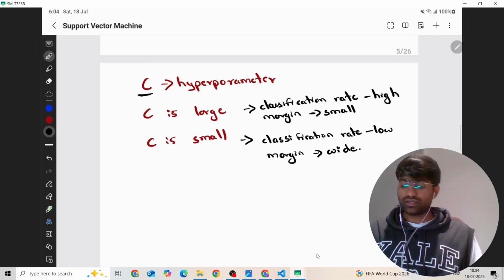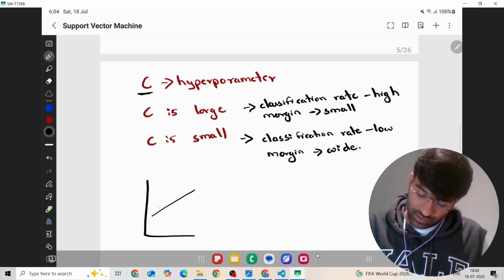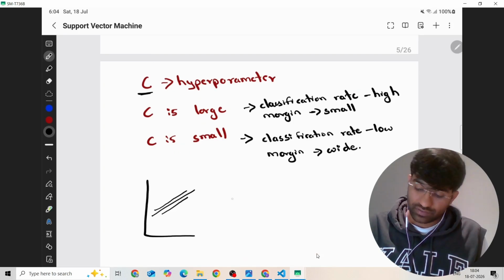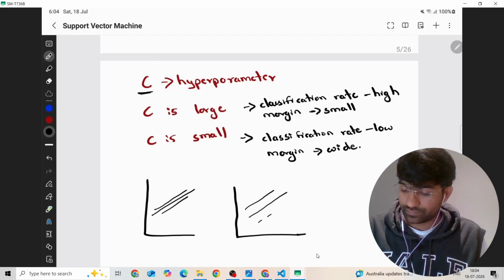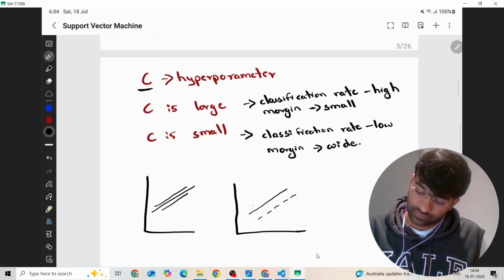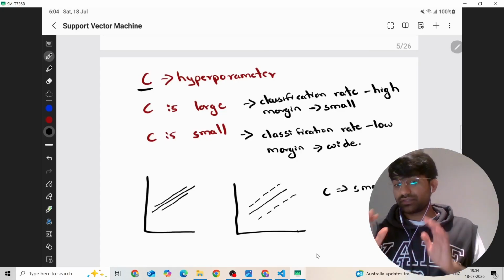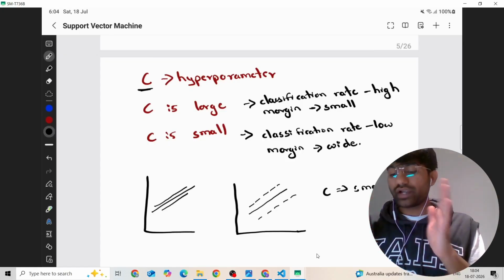If C is large, the margin will be thin, and it prefers more perfect classifications. And if C is small, the margin will be wide. It is okay to make misclassifications, but it wants a wider margin.